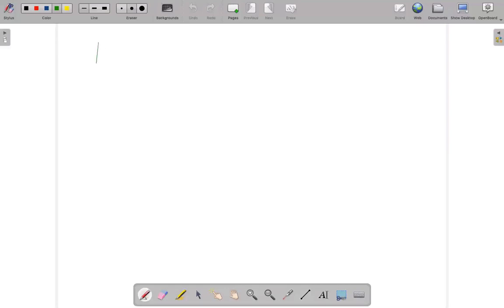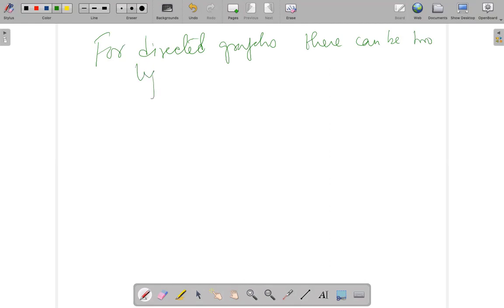So for directed graphs, there can be two types of connectivity. The first of these is called a strongly connected graph.